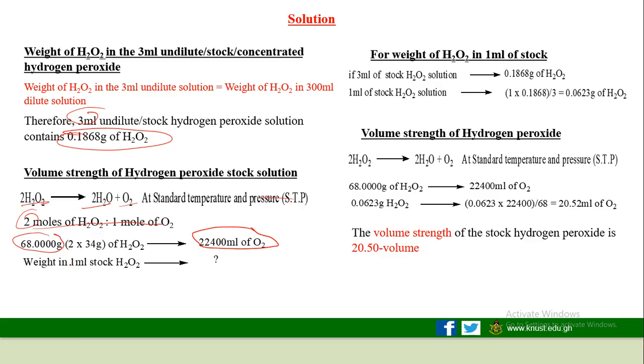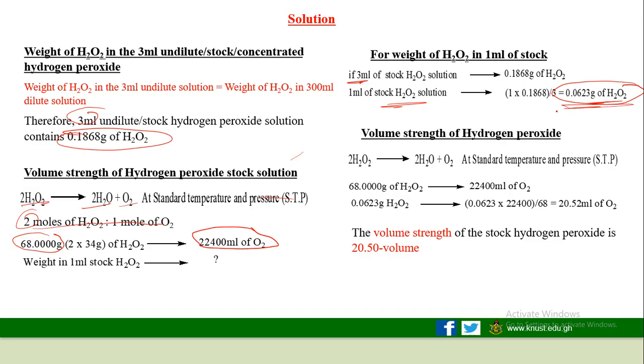Now, what would the weight in 1 ml stock be? So then it means we have to take it from the 3 ml stock to 1 ml stock, right? That is simple proportion, and then we get 0.0623 grams of the peroxide. Good. So that is what we have.